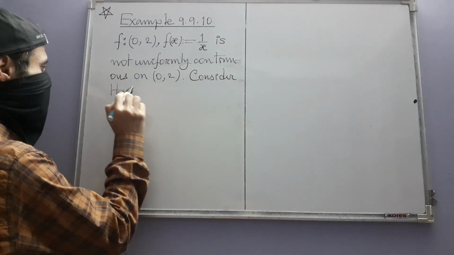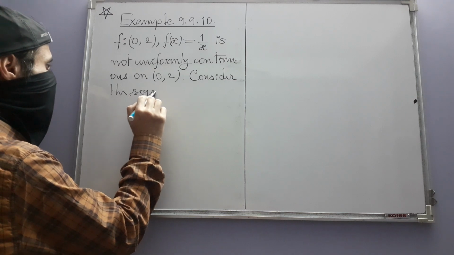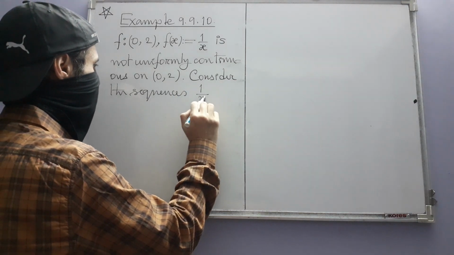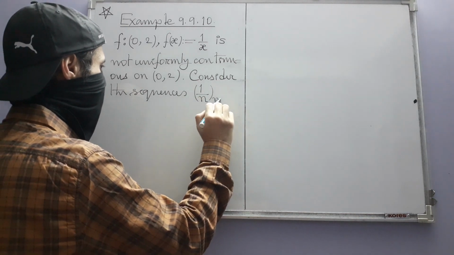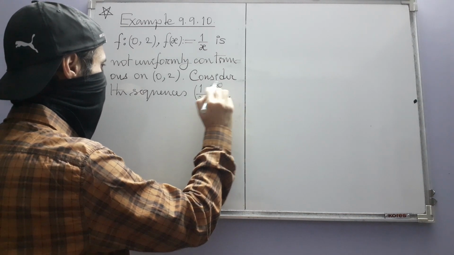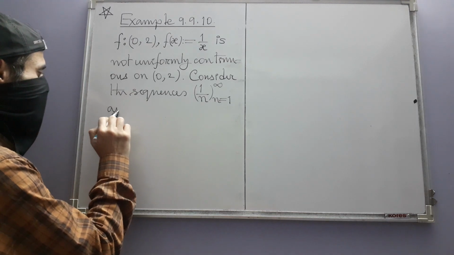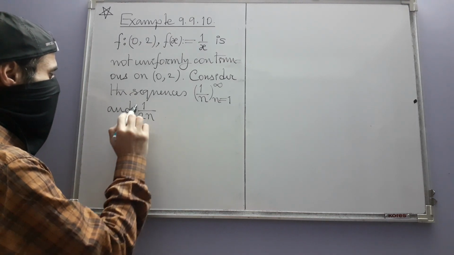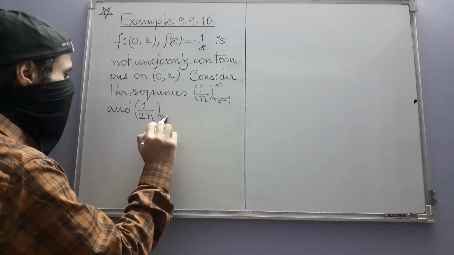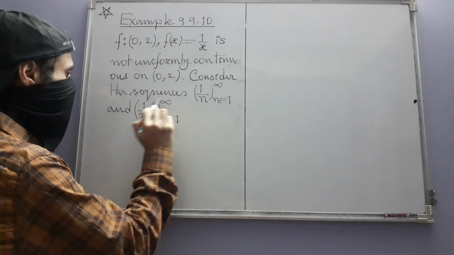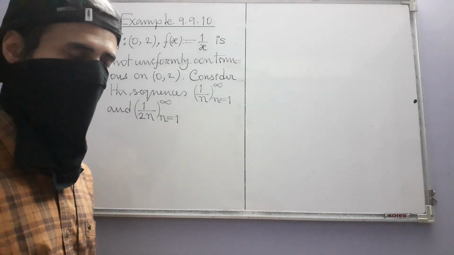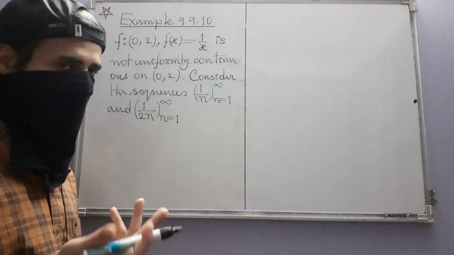Consider the sequences 1 over n, where n varies from 1 to infinity, and 1 over 2n. We of course do not start the index n from 0 because then it will be undefined.